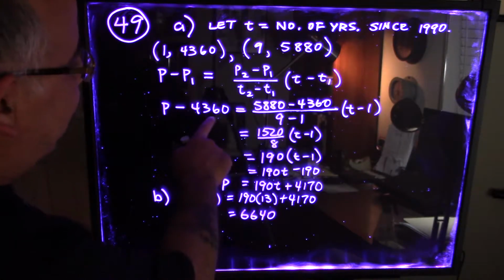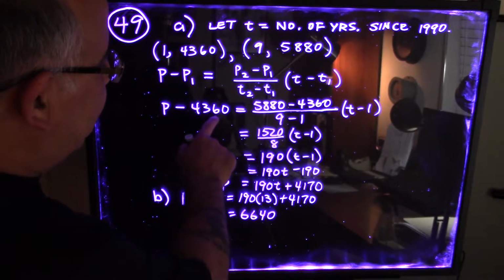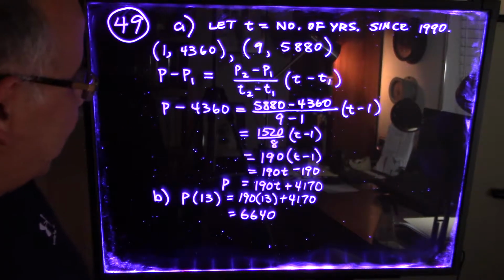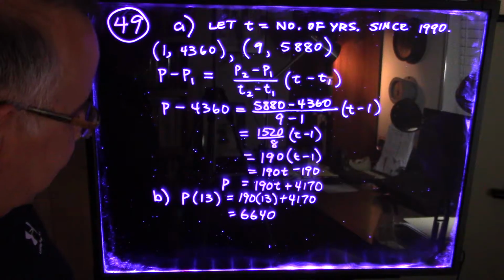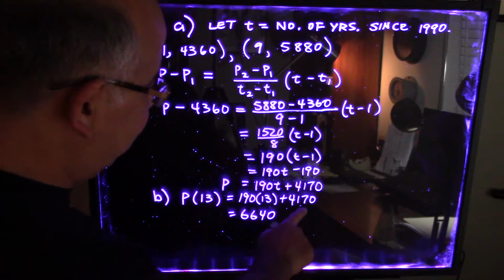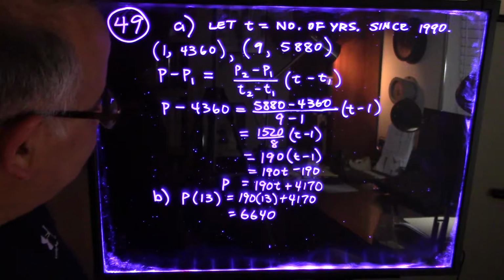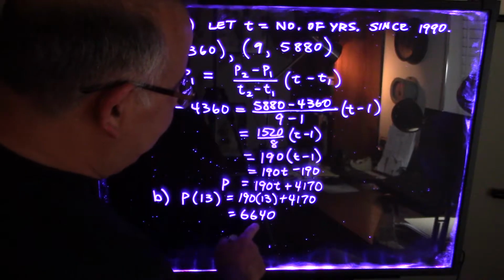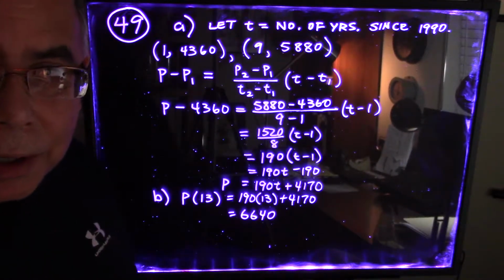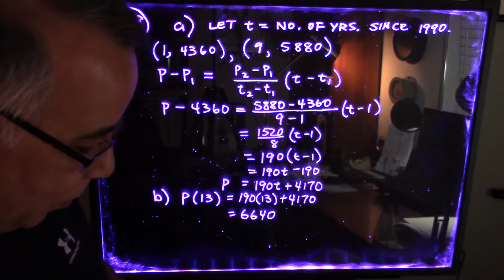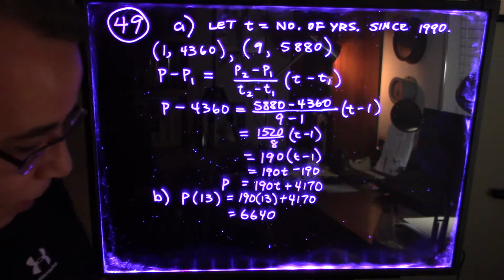They probably saw that and were focused on that, and then they wrote that there. Those things happen. They put a 4360 there at the end in the book's answer. If it was 4360, you wouldn't get this answer, which is the correct answer, and which also is in the book. So there you go.